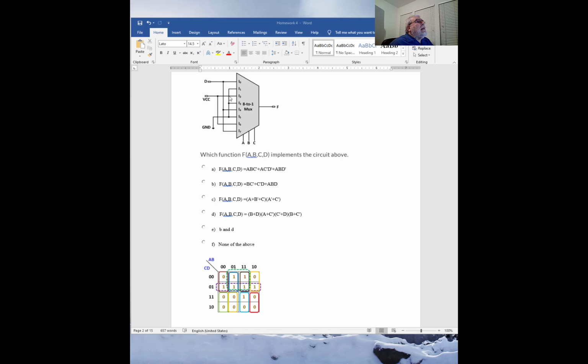In the case of I2, we have A1, A0, B1, and C0. That's a true. And in this case, we have VCC. So no matter what the changes of D are, there's no change in here. It will be tied to VCC. So you keep doing exactly the same thing.